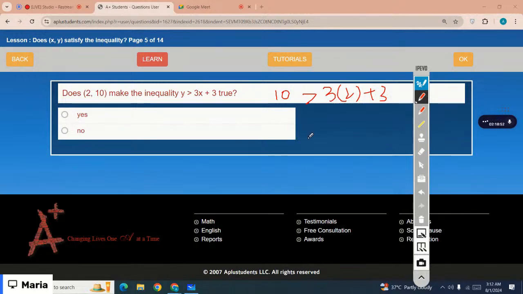That is 10 is greater than 3 times 2, which is 6, and 6 plus 3.